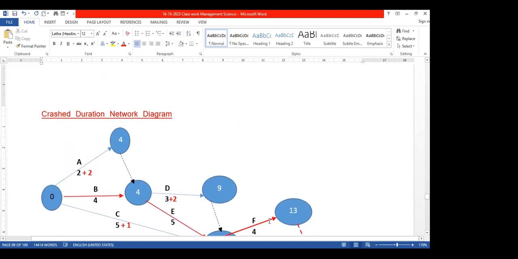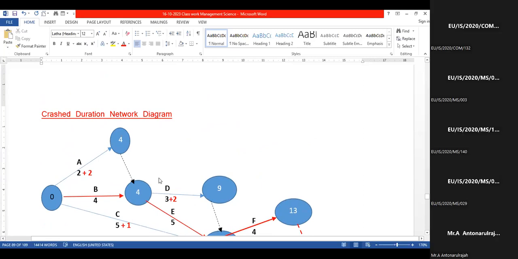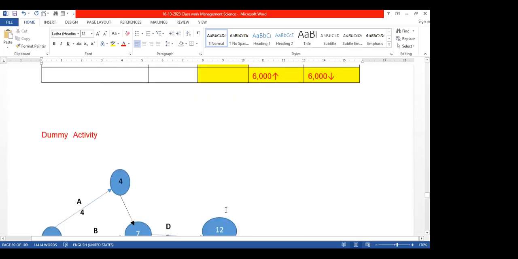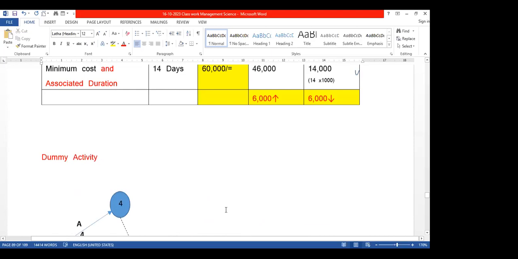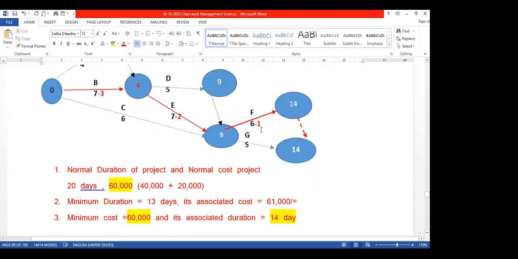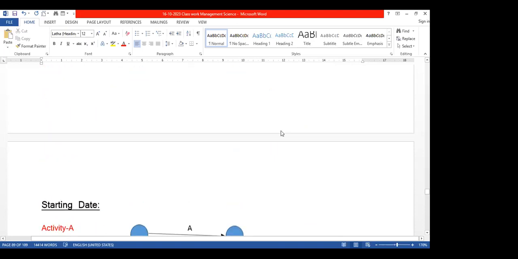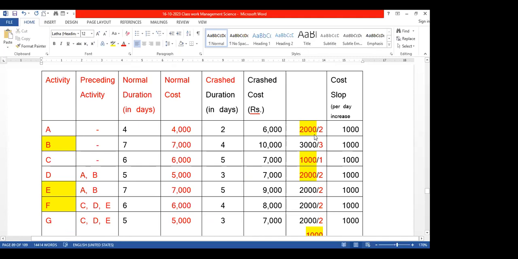So according to the statistics given, you see that for activity A, 5, 4, 3, and also in the table you can see here 6,000 is there. This 6,000 includes this 4,000 also. Additional is 2,000, right? You have to understand this logic clearly.